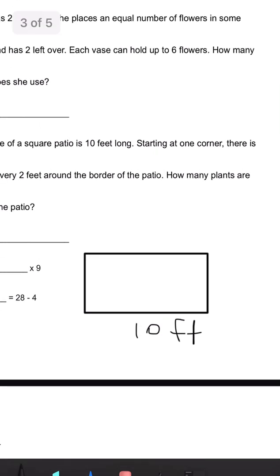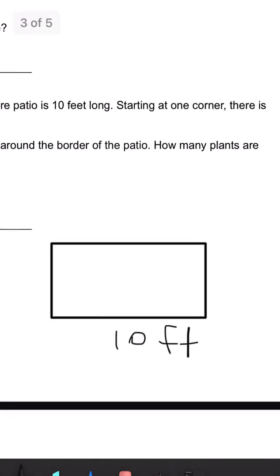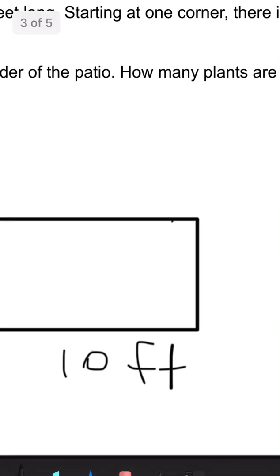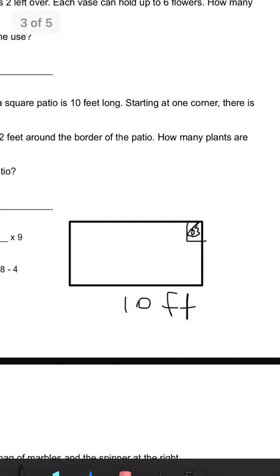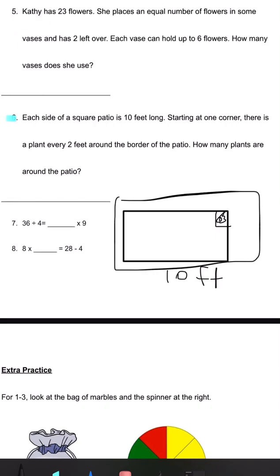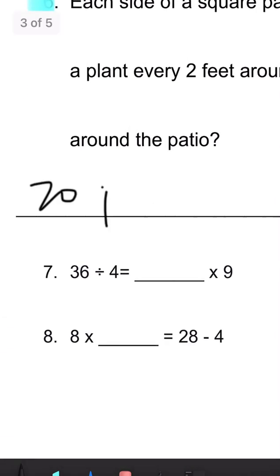And in one corner, at every 2 feet, there are plants. So let's say this is 2 feet. There's one plant here. So it's asking how many plants are around the patio. So all we're going to do is 2 times 10. And we see that there are 20 plants.